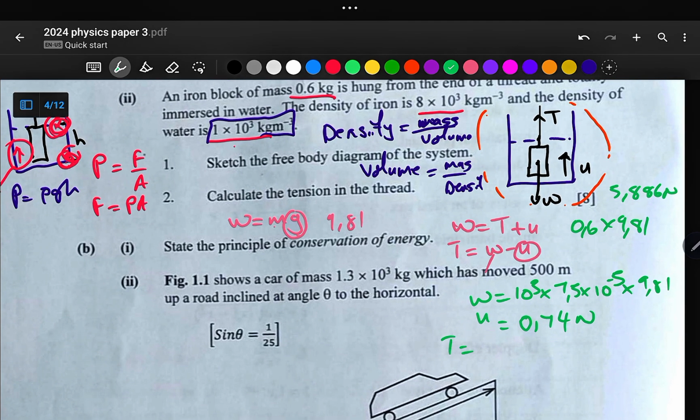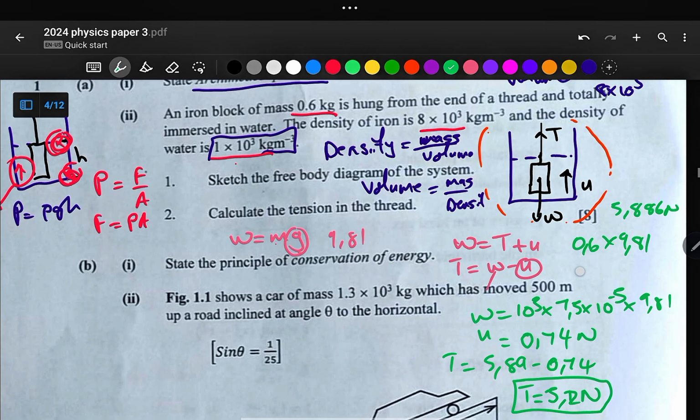Therefore tension is equal to 5.89 minus 0.74. So let us subtract 0.74 from 5.89. This gives us tension being equal to 5.1 or 5.2 newtons. So our answer is approximately 5.2 newtons. So this is the tension in the thread.